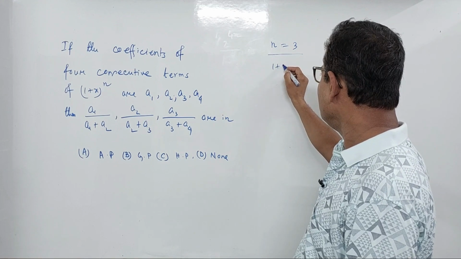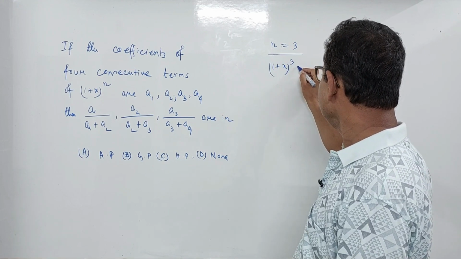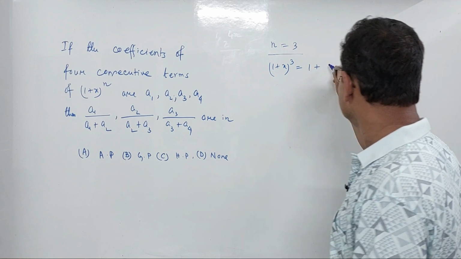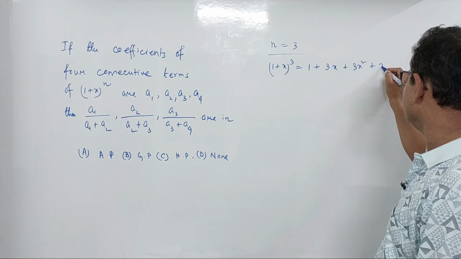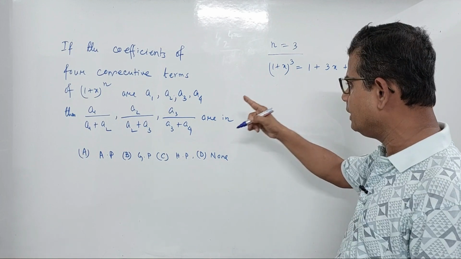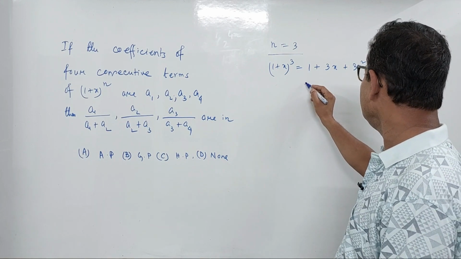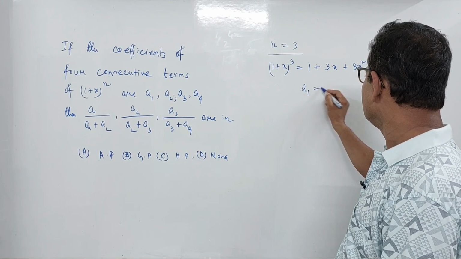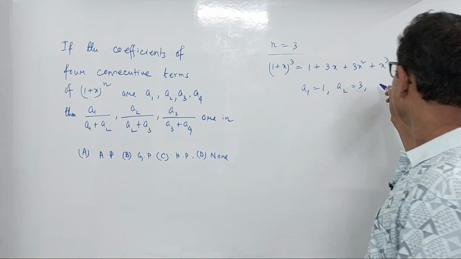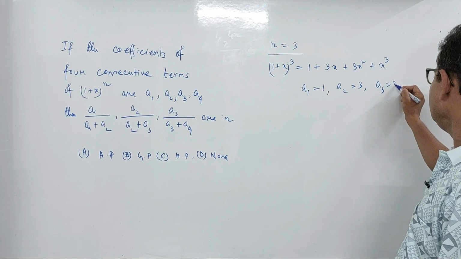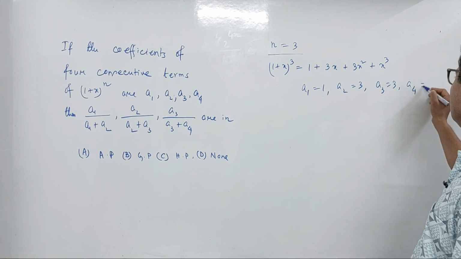So (1 plus x) to the power 3 equals 1 plus 3x plus 3x square plus x cube. The values of a1, a2, a3 and a4 are a1 equal to 1, a2 equal to 3, a3 equal to 3 and a4 equal to 1.